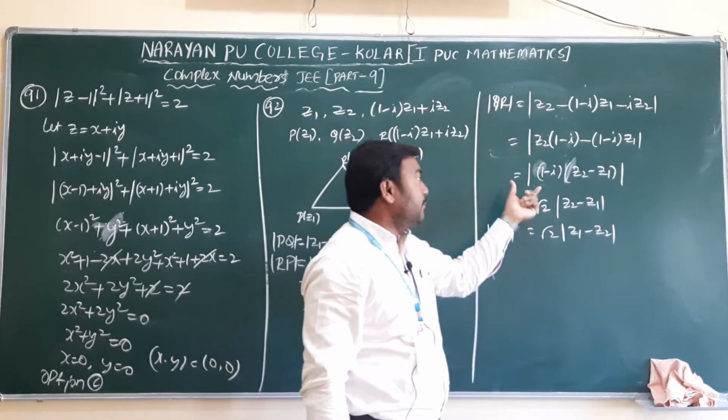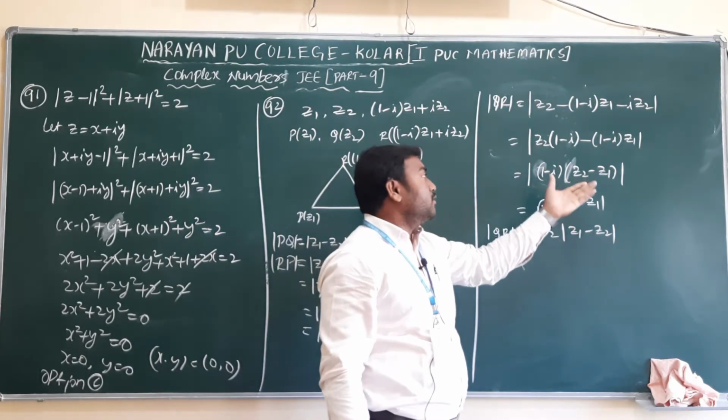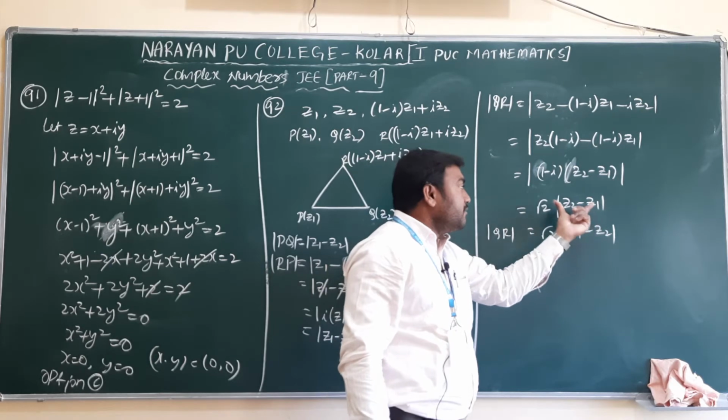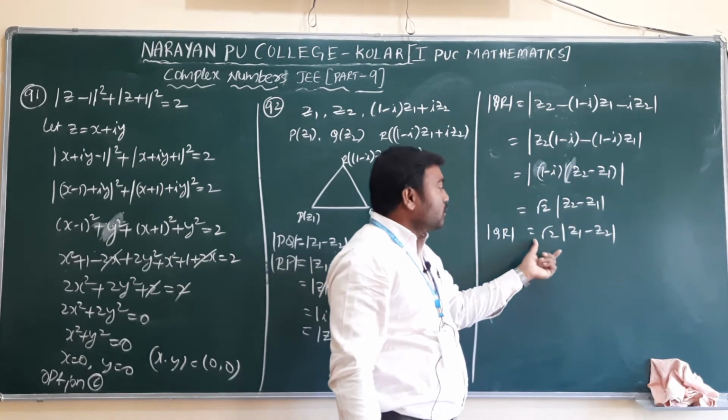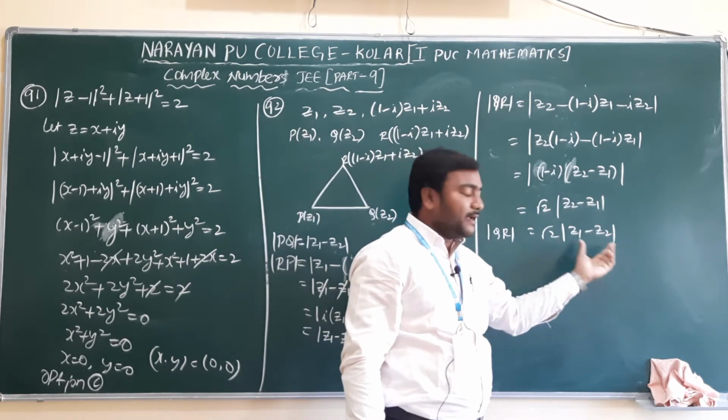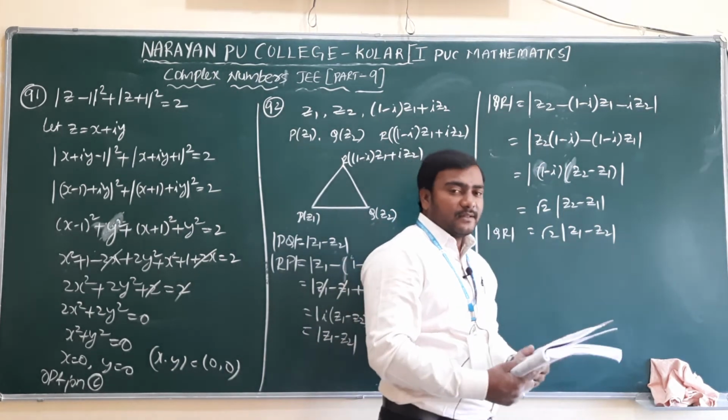So already we know that the modulus of 1 minus i value is square root of 1 plus 1, we are getting root 2 into modulus of z2 minus z1. So modulus of z2 minus z1 and modulus of z1 minus z2 both are the same.